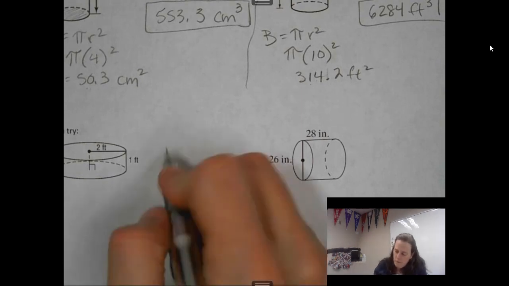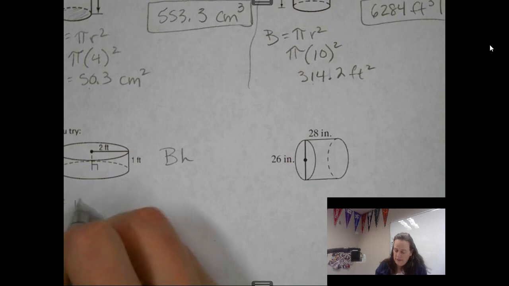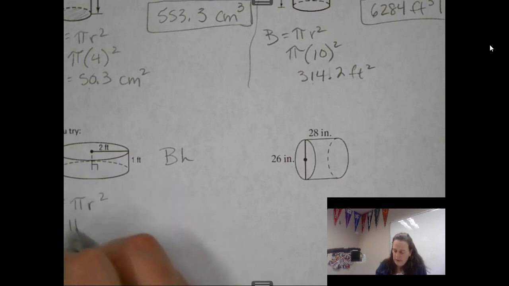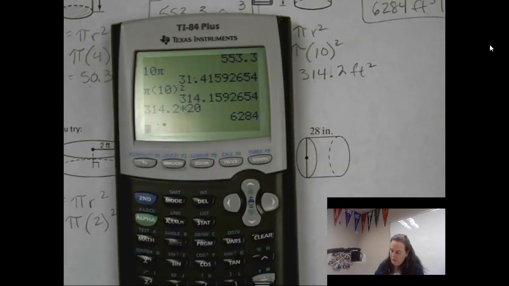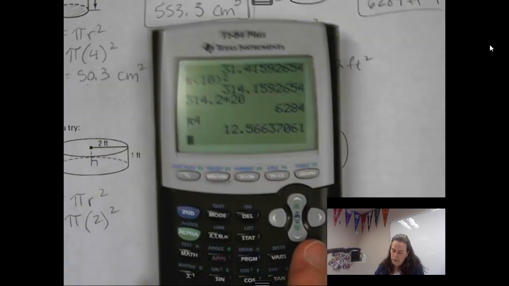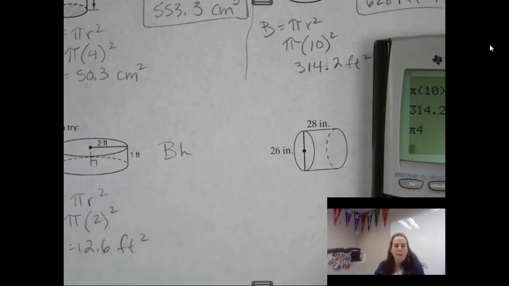Okay. Area of the base times the height, but what is the area of the base? Pi r squared. Our radius this time is 2. I'm not going to forget to square it this time. Pi times 4 is 12.6 feet squared.